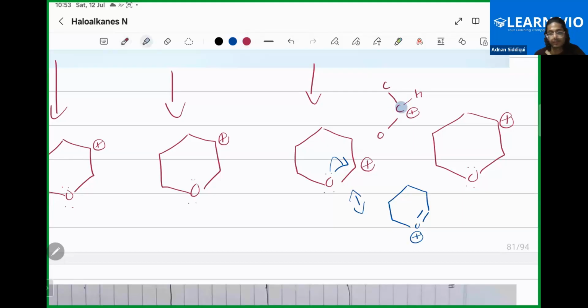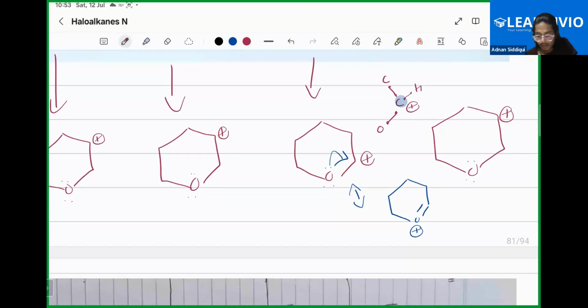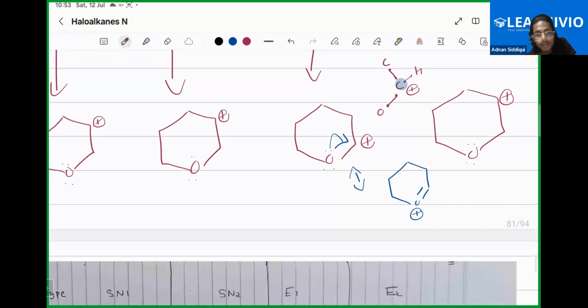Not bonds, number of electrons. Six. Is the octet complete here? Octet is not complete. Octet means 8 electrons. So in this compound, the octet is not complete.